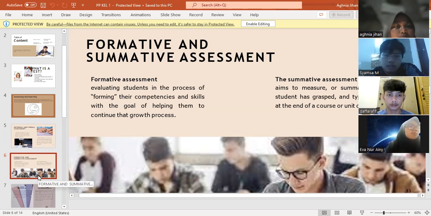And then summative assessment aims to measure or summarize what a student has learned, and typically occurs at the end of a course or unit of instruction.